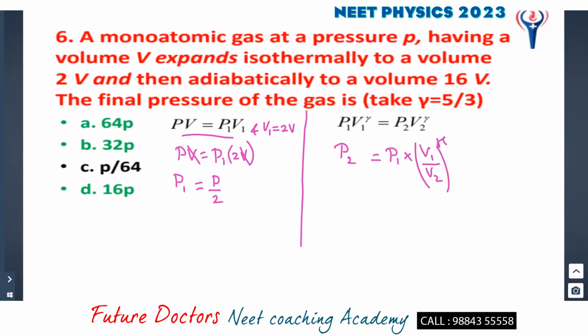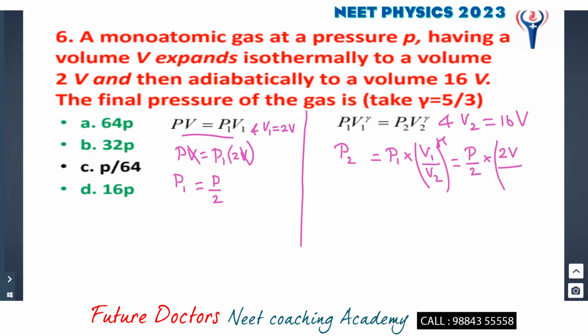Now substitute the values. P1 is P by 2, V1 is 2V, and V2 is given as 16V, 16 times V.